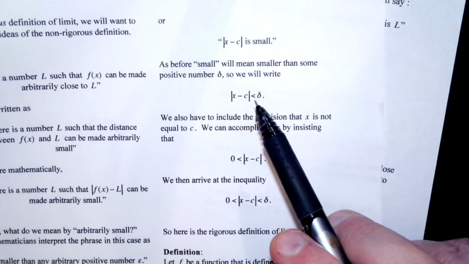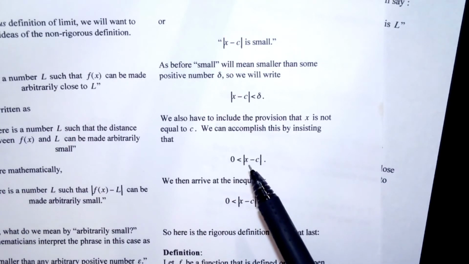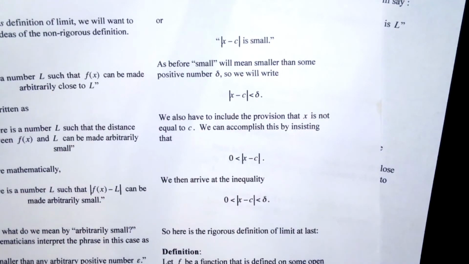So we don't want that distance to be equal to 0. So we also add in this part. We want that distance between x and c to be positive, greater than 0. So that's how we get this inequality: 0 is less than the absolute value of x minus c is less than delta.